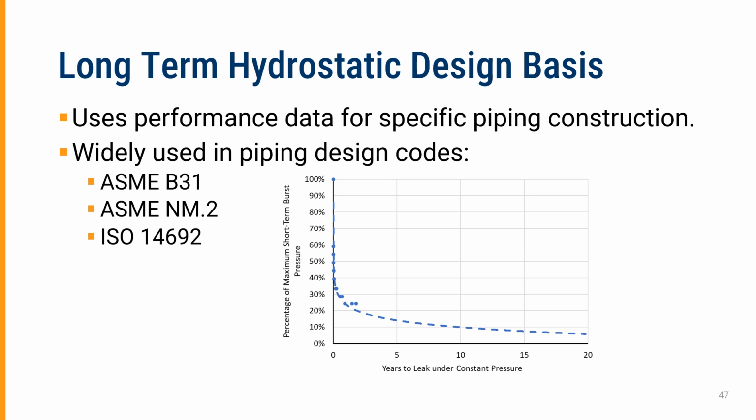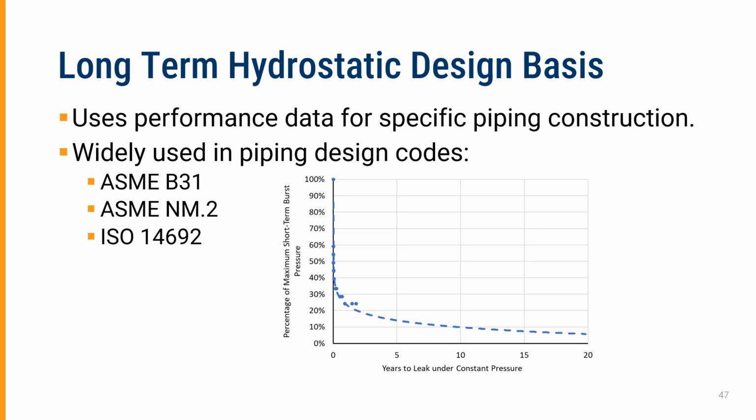When we're using the long-term hydrostatic design basis, we're using performance data for a specific construction. It's actually widely used in piping design codes: ASME B31, ASME NM.2, and ISO 14692.